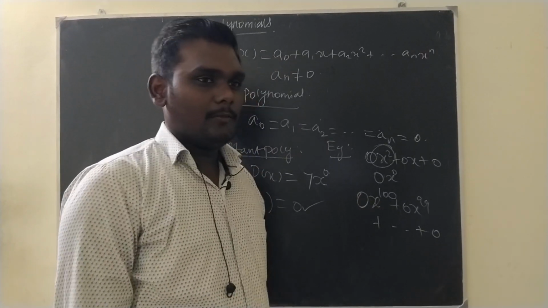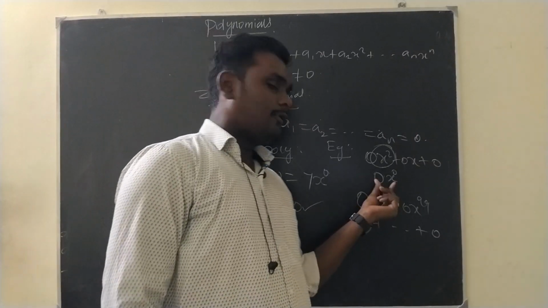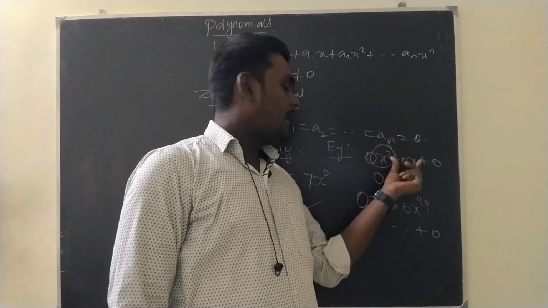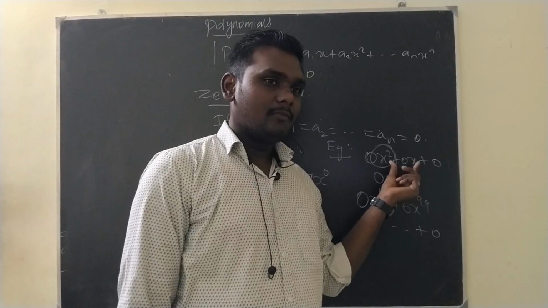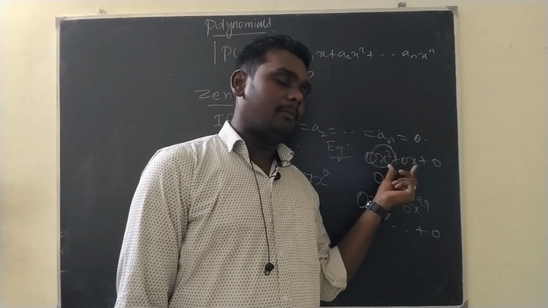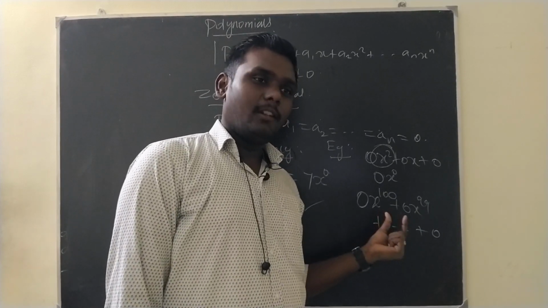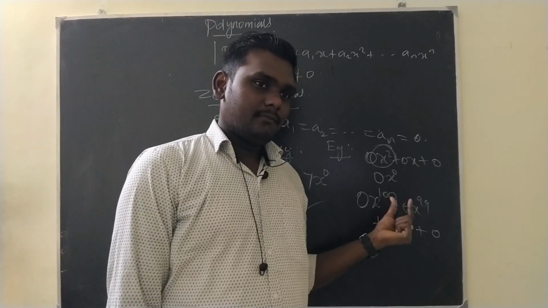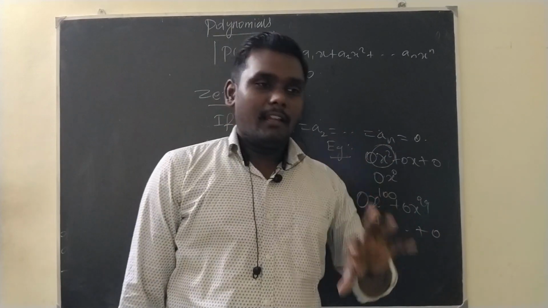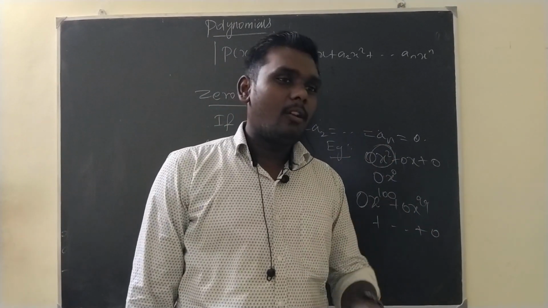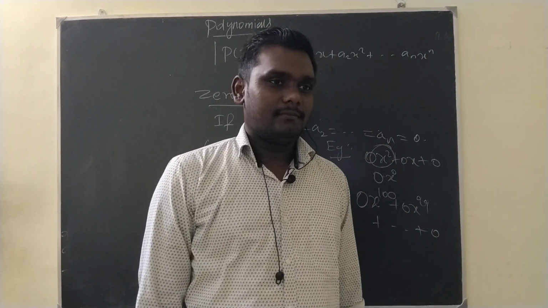No, it won't be 0, because when you say this kind of an example, I'll give you one like this as 2. When we fix 2 as the degree of this polynomial, I'll come up with another example like this. In this case, the degree is 0. So the thing is, the degree of a zero polynomial cannot be determined.